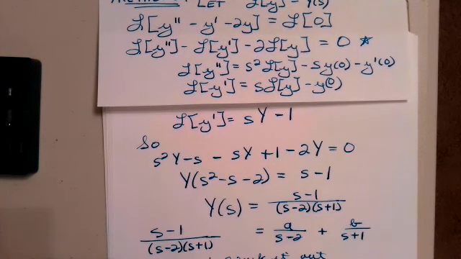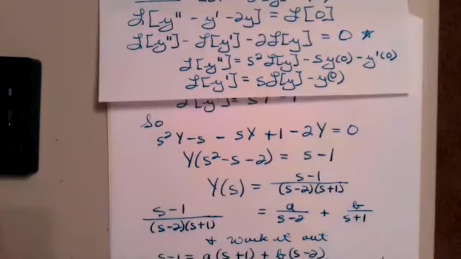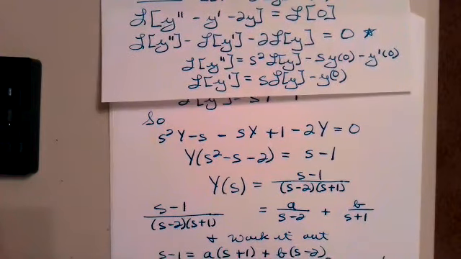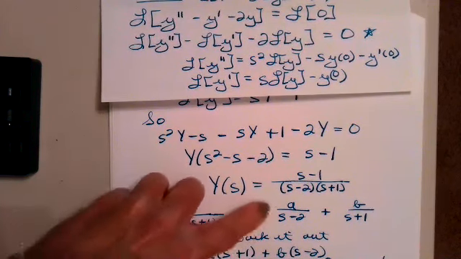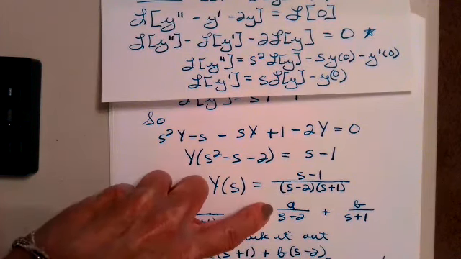That'll give you s minus 1 is A times s plus 1 plus B times s minus 2. And solve, you will get that A is equal to 2/3 and B is equal to 1/3. So now we have that Y of s is 2/3 times 1 over s minus 2 plus 1/3 times 1 over s plus 1.